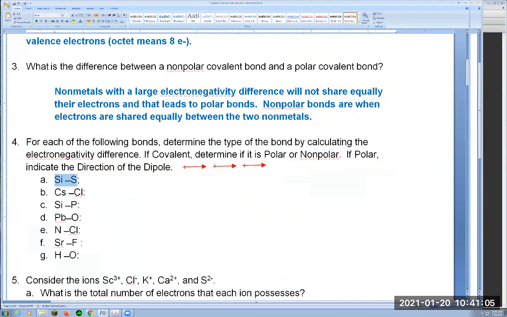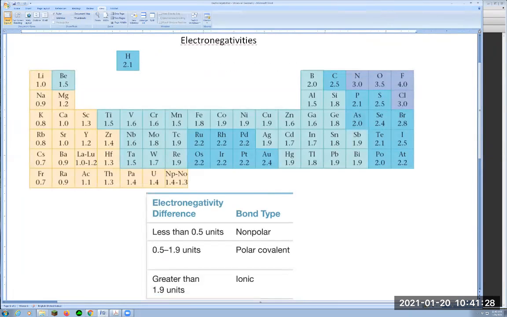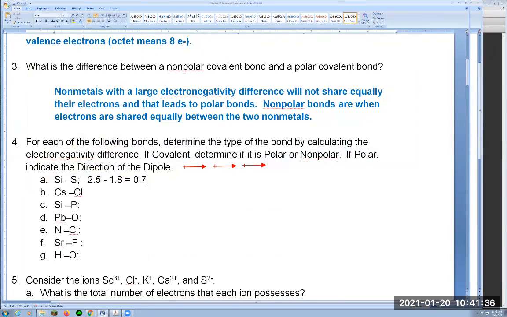So 2.5 minus 1.8 is going to be equal to 0.7. Then if we look at the table, 0.7 is between 0.5 and 1.9, and that's considered a polar covalent bond.